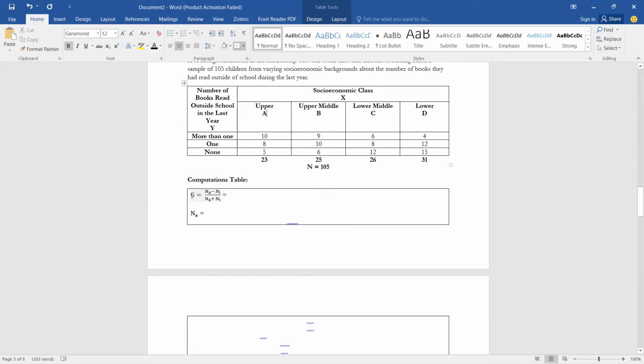Now, the formula for gamma is this: NA minus NI over NA plus NI. NA refers to agreements. And when we say agreements, we are pertaining to how individuals are ranked in exactly the same order on both variables.